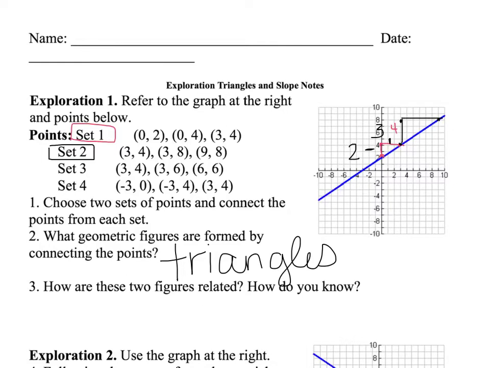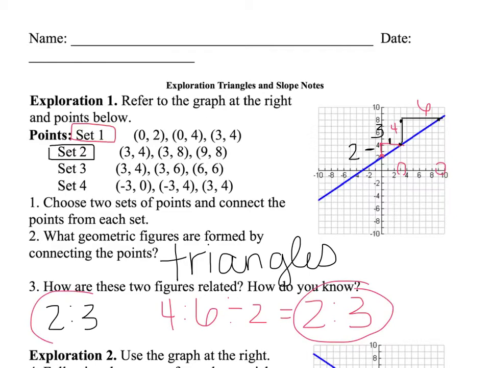And this goes from 3 to 9, which is 6. So we have 2 to 3, and we have 4 to 6. So let's reduce this one. We can divide both of them by 2, and that is going to give us 2 to 3. So those two triangles are similar triangles.